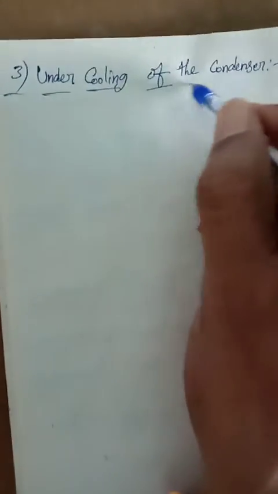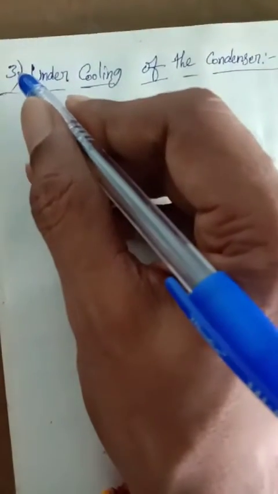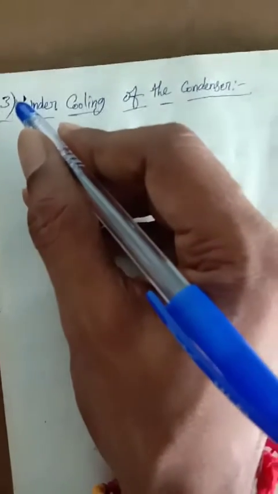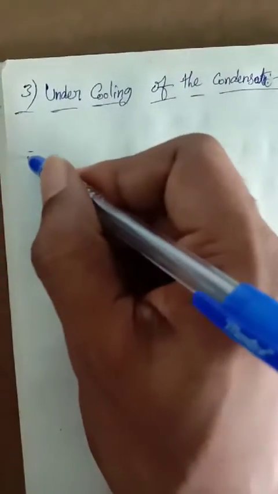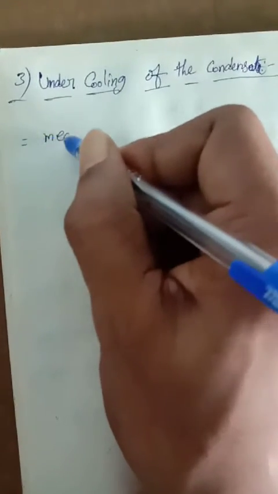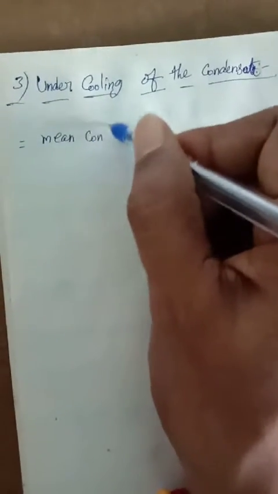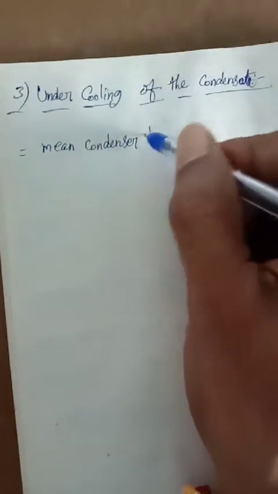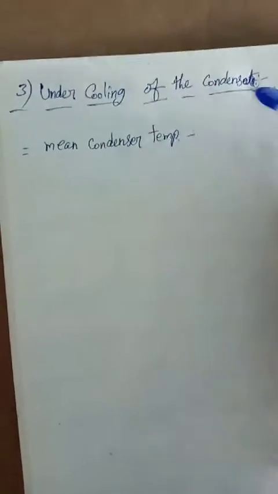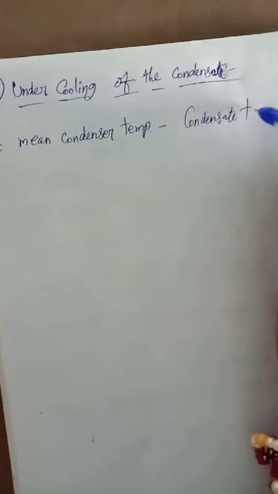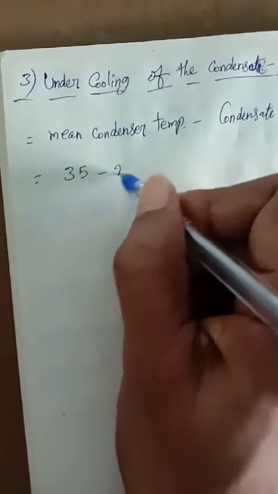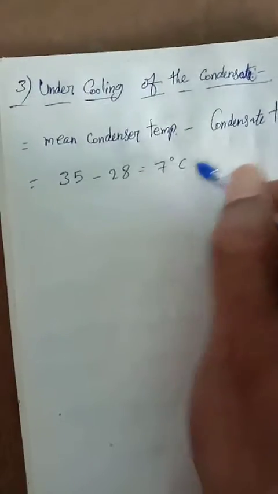We know that under cooling of the condensate is equal to the mean condenser temperature minus the condensate temperature, that is equal to 35 minus 28. So 7 degrees Celsius is the answer.